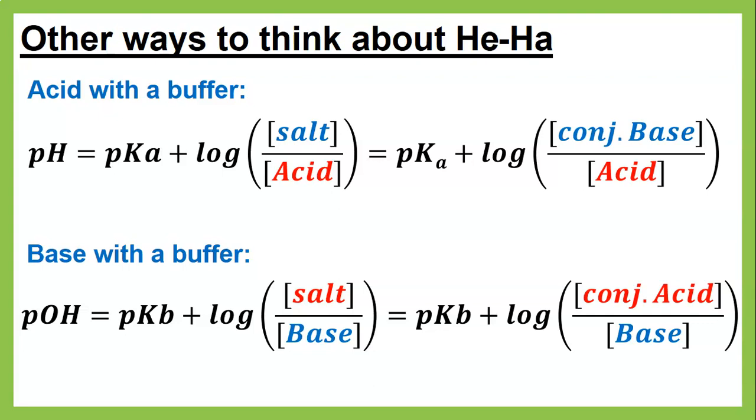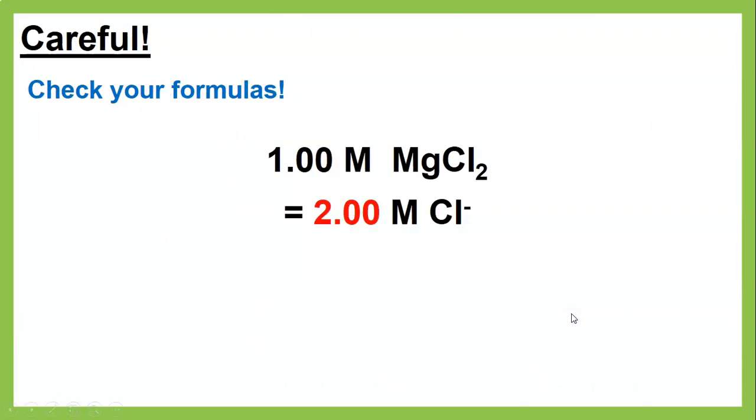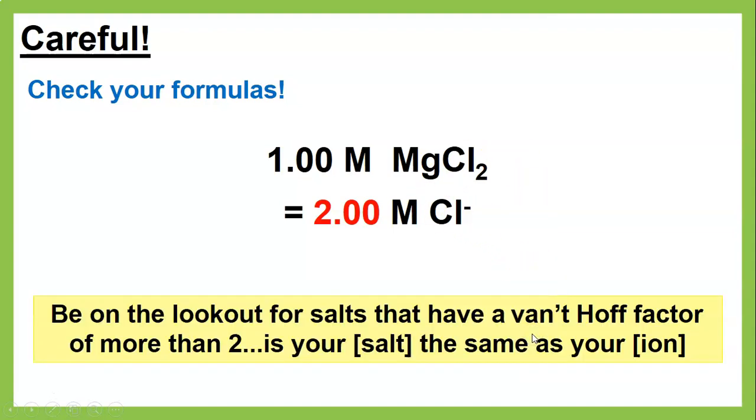Another small tidbit that can make these concentrations difficult to get is that you have to remember to check your formulas. You remember we learned about the Van 't Hoff factor where we have to think about how many particles things are dissociating into? We have to do that here as well.